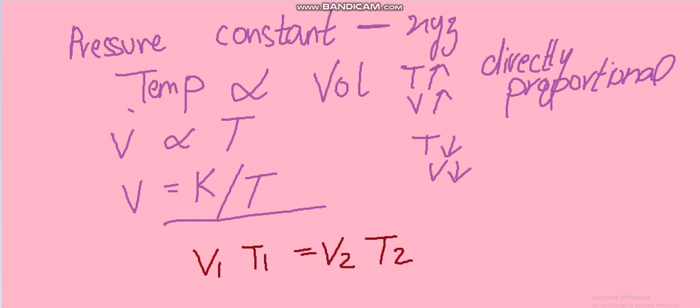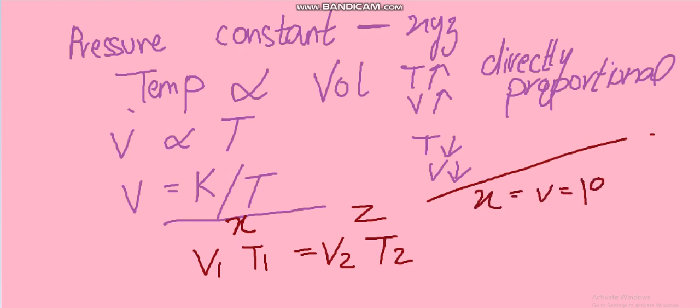Now, let's say you have any two gases. One of the gases is X, the other one is Z. Now, they have told you that X occupies a volume of, let's say, 190 centimeter cube, and it occupies a temperature of 10 Kelvin.